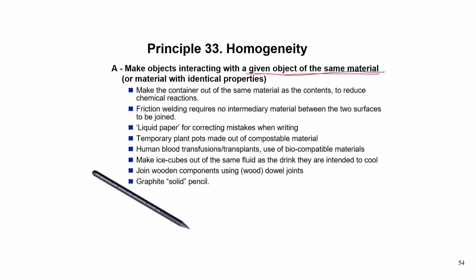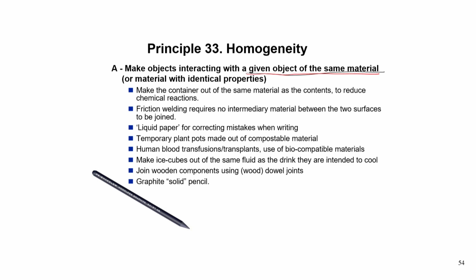Make the container out of the same material as the contents to reduce chemical reactions between the two things. Friction welding requires no intermediary material between the two surfaces to be joined. So, you are sort of invoking the concept of homogeneity.